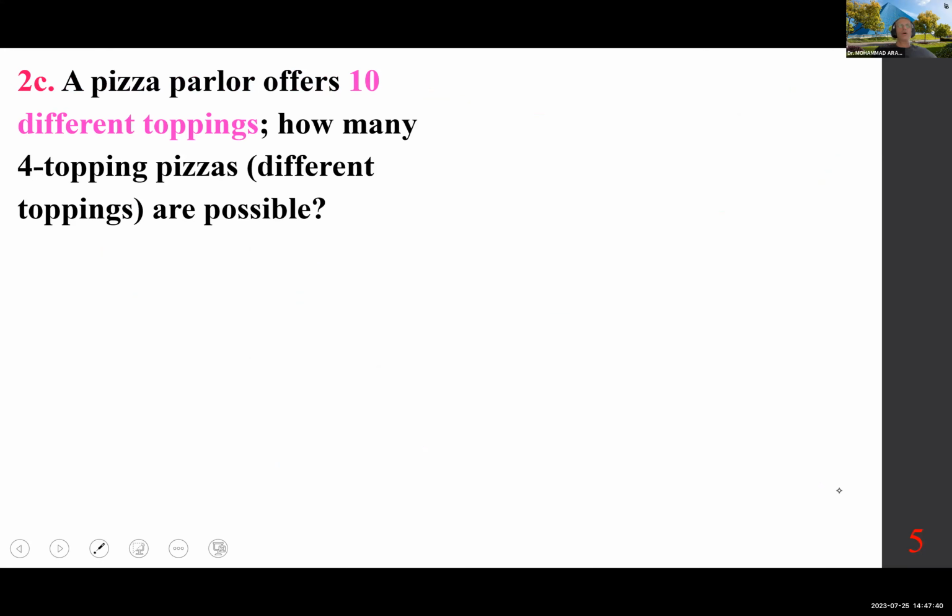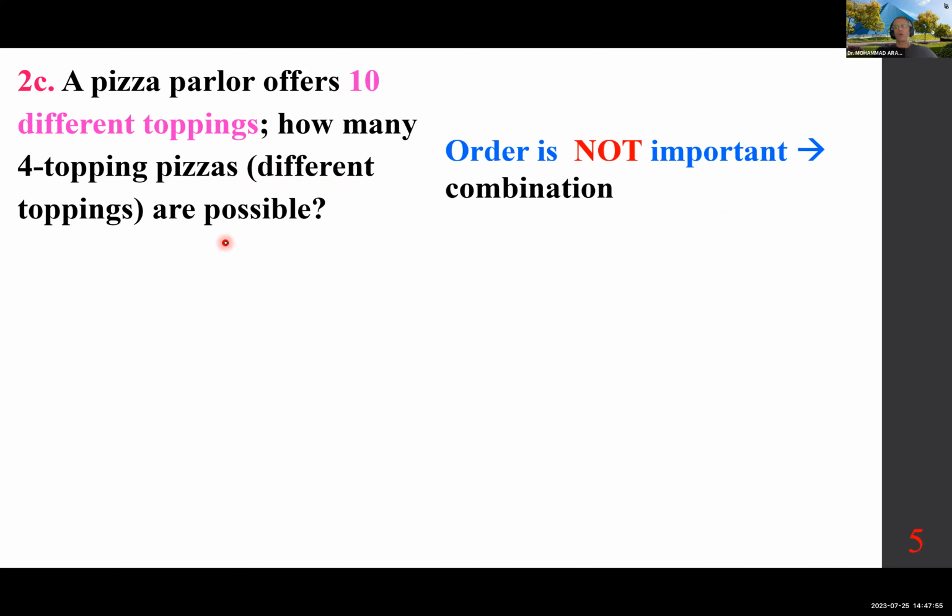A pizza parlor offers 10 different toppings. How many 4-topping pizzas with different toppings are possible? Well, order is not important. It becomes a combination. The reason order is not important is because you're ordering pizza. It doesn't matter.